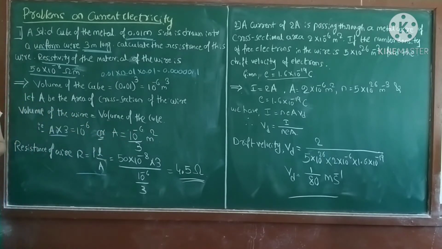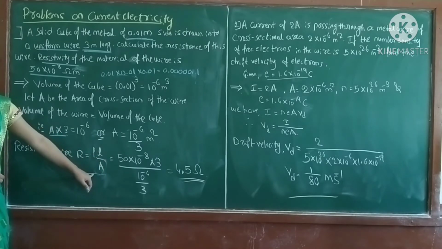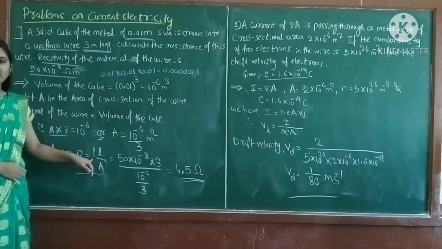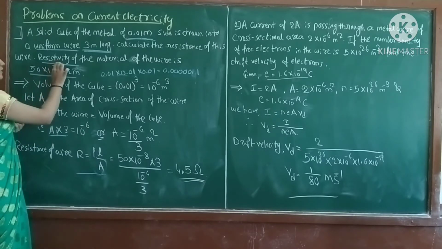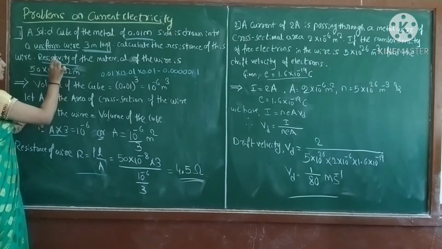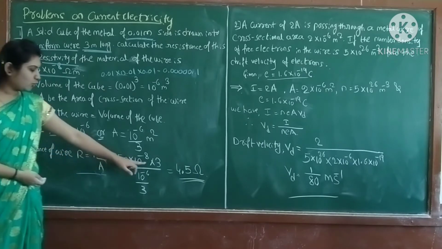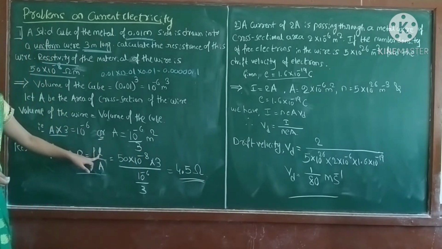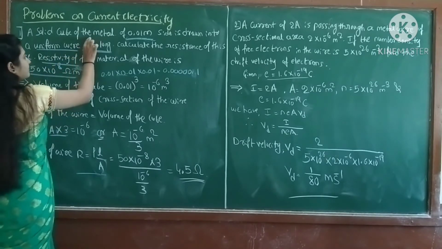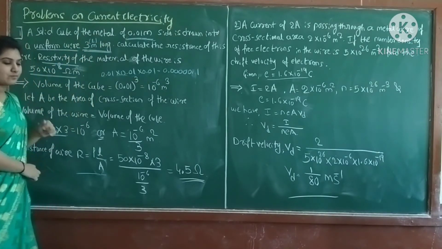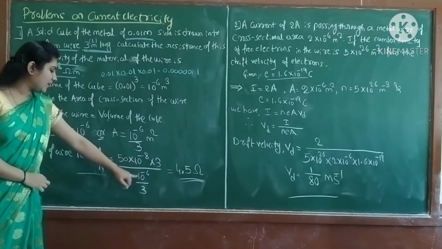Now use the formula of resistance: R is equal to rho into L by A. Put the value of resistivity, 50 into 10 to the power minus 8 ohm meter, into L, which is 3 meters, divided by area.